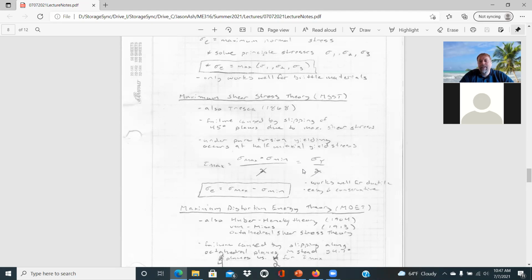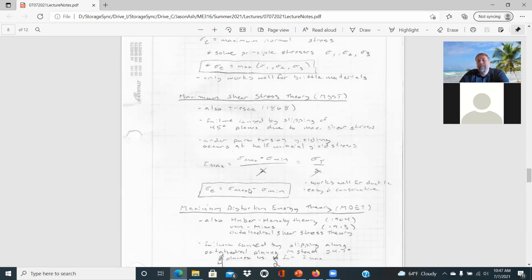And so what we find then is that our equivalent uniaxial state of stress is just the maximum principal stress minus the minimum principal stress. And so sigma E for maximum shear stress theory is just that maximum principal stress minus the minimum principal stress. And that has been shown to work really well for ductile materials.